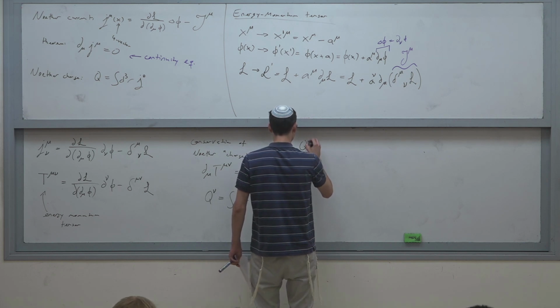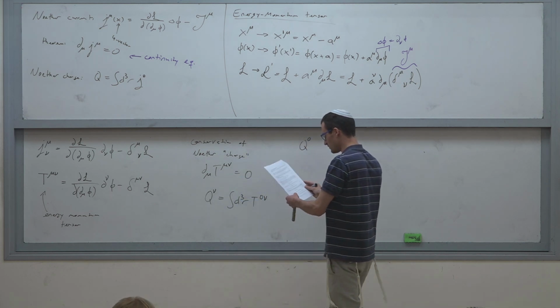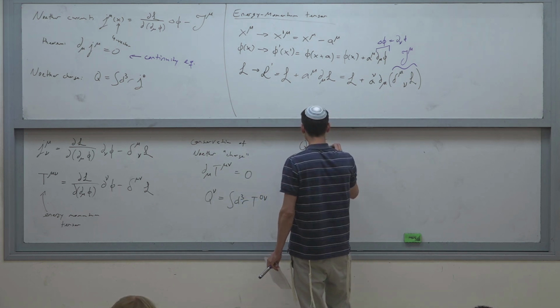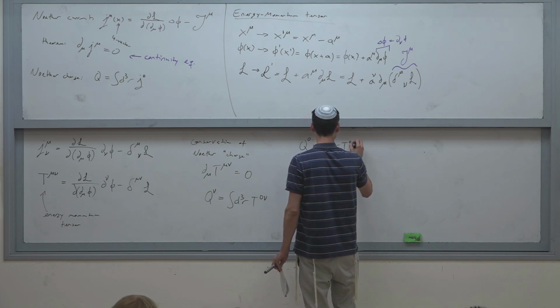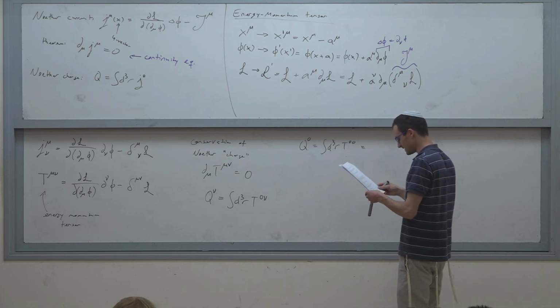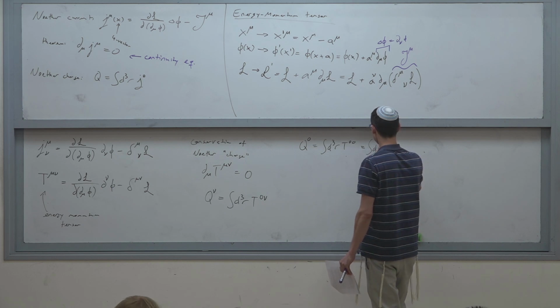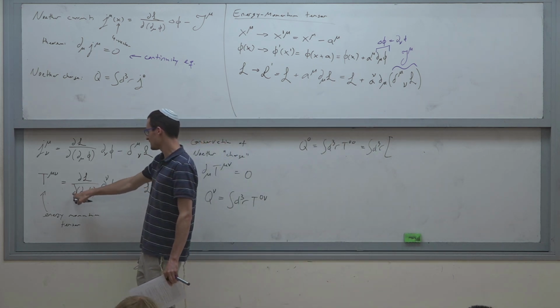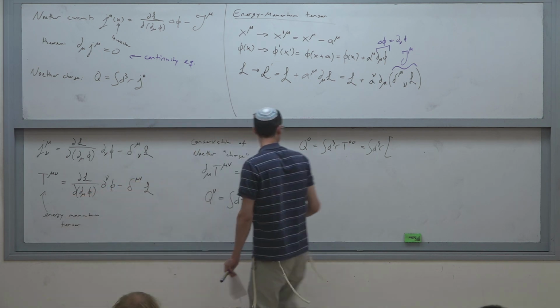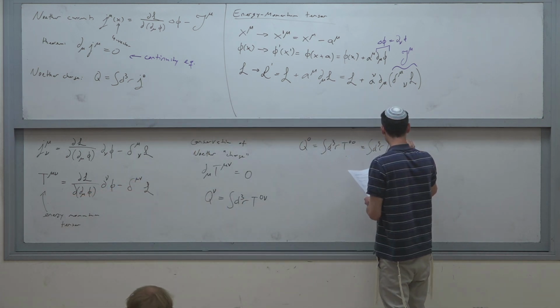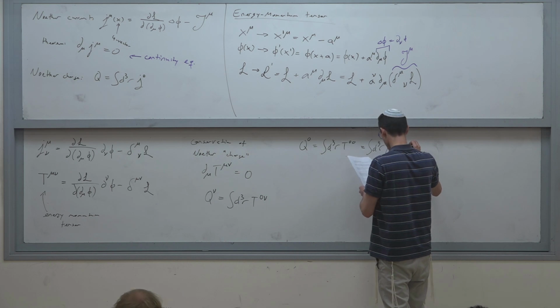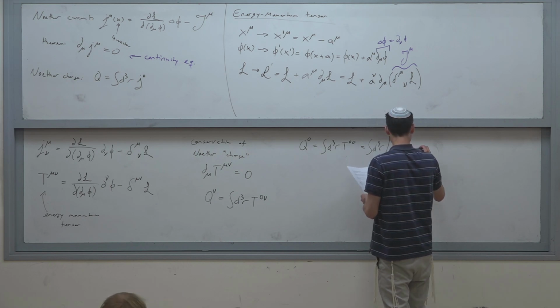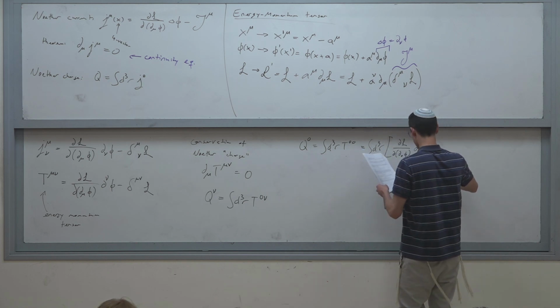So let's just do this. Last 2 lines for today. So Q^0 is the integral d³r T^{00}. So let's plug this in. T^{00}, this is it, so it's ∂L/∂(∂_0 φ) times ∂_0 φ minus L. We're about to have a wow moment.